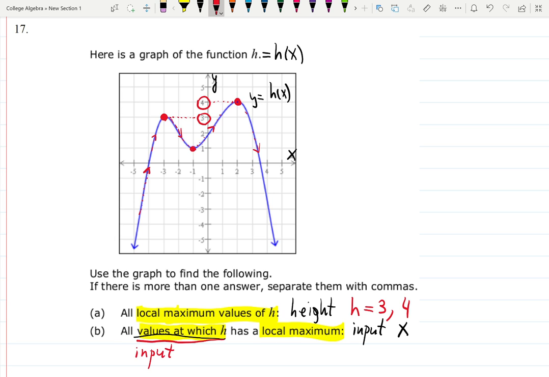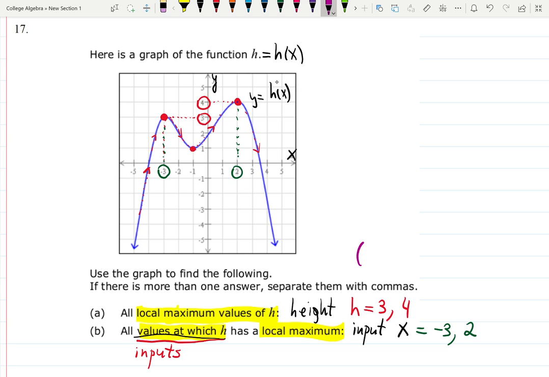Which inputs gave me those heights? That is the location of the peaks of the mountains. The first hill is located at -3, and the second hill is located at 2.